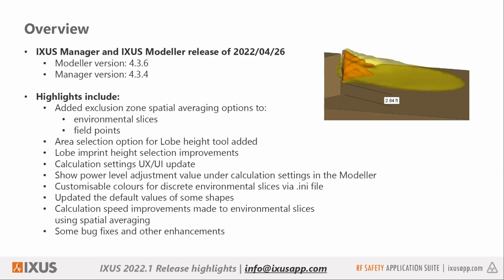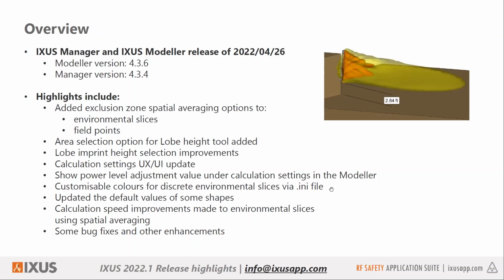So there's quite a few uncertainty estimate calculations, and that effectively leads to some form of a power factor adjustment, right? And we just show that now here in the modeler as well. In the previous release, it was available in the manager, and we just pulled it through to the modeler now.